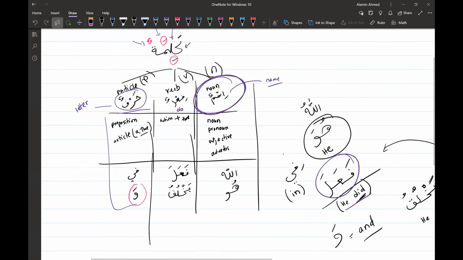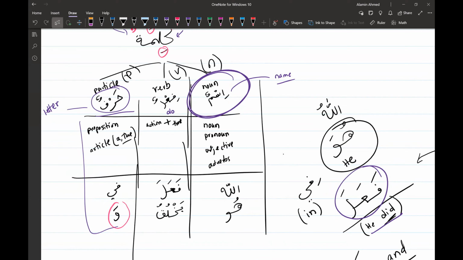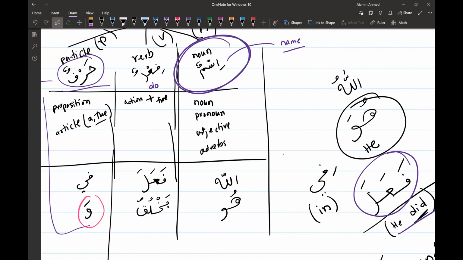So remember one thing about both ismun and fi'l. The word itself can stand by itself, meaning when you just use the word, even if it's not a complete sentence, you understand what it is. So if you say ar-rasul, or Allah, you understand. Even if it's one word, it can stand by itself.